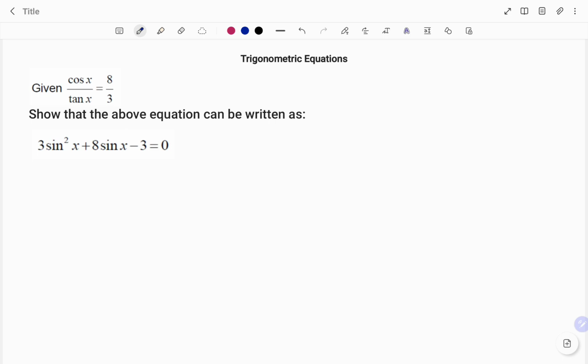I start from cos x over tan x is equal to 8 over 3. Note that the trig identity tan theta is the same as sine theta over cos theta. So therefore, I'm going to be replacing my tan x by sine x over cos x.